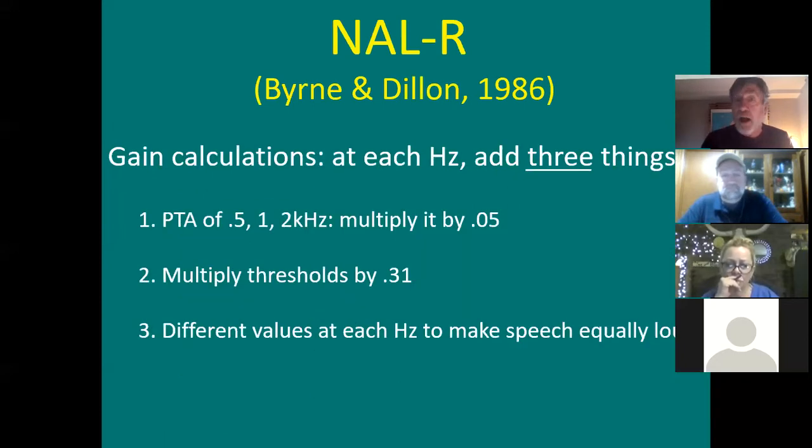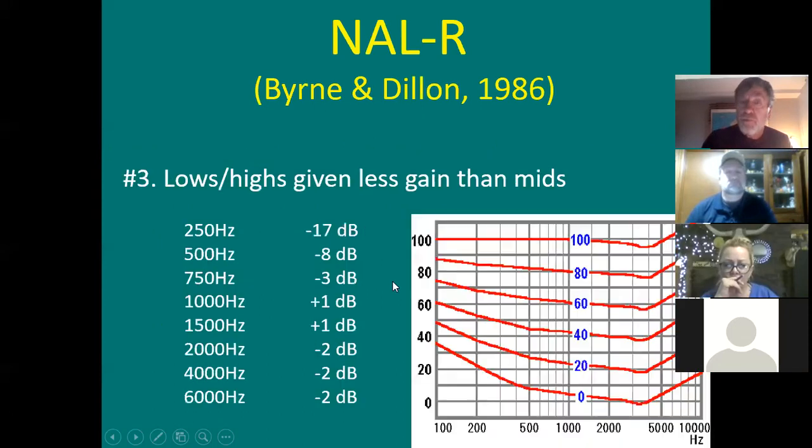Then they looked at 1,000 hertz, took the same pure tone average that had been multiplied by 0.05, took the threshold at 1,000 hertz, multiplied that by 0.31, added these together, and then added 1. Okay, that's your target gain for 1,000 hertz, and so on, and so on.